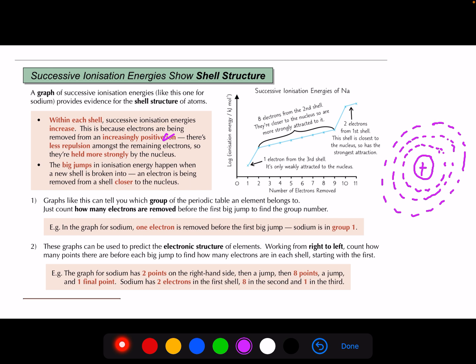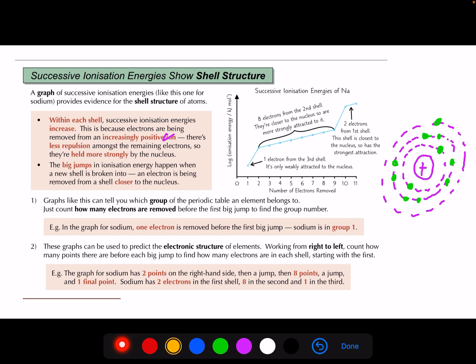So we have 2 electrons in the first shell, the closest to the nucleus. And then the second shell, we all know from the IGCSE that sodium has 8 electrons in the second shell. So 1, 2, 3, 4, 5, 6, 7, 8. And then there is the single electron in the third shell.